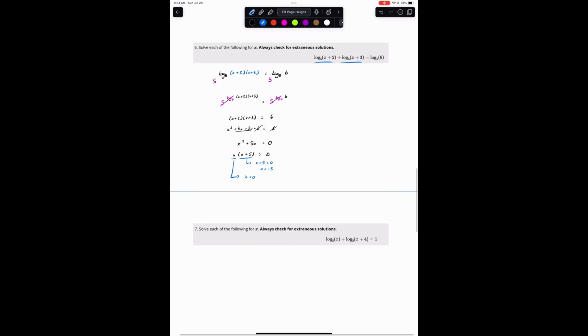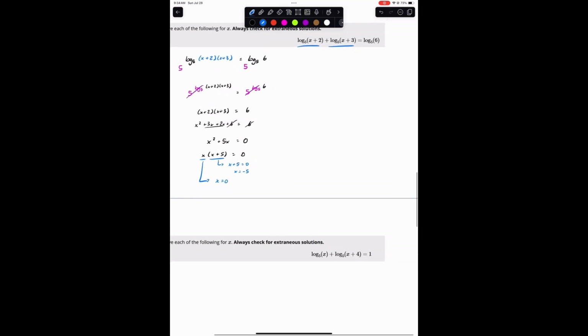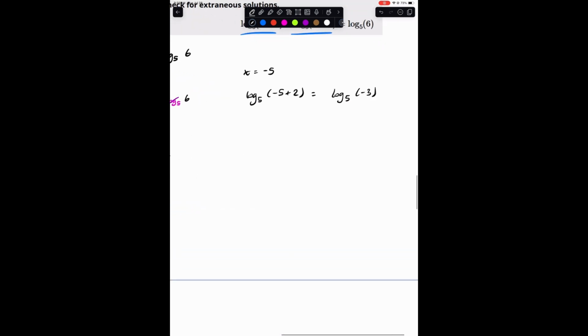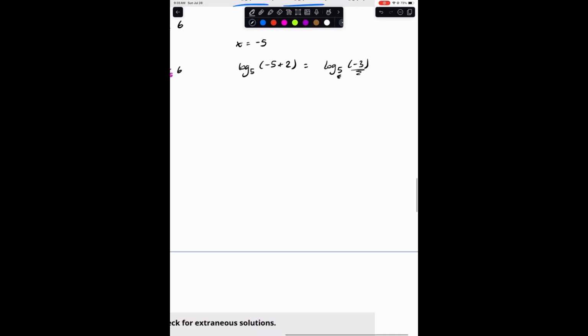And now we need to plug these back in. So for x equals negative 5, I'll plug it into the first one. And I'll notice that for the first term, we get log base 5 of negative 3. Again, this is a problem. We have a positive base and a negative argument. This does not work.